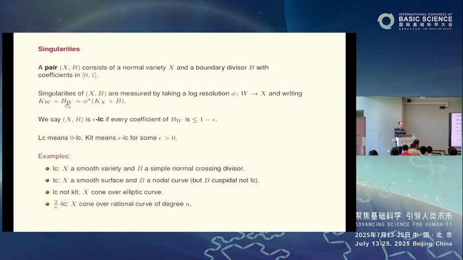The larger the coefficients, the worse or the deeper the singularities. But for our talk, one type of singularities, maybe most relevant, these are called epsilon log canonical. It just means that the coefficients of B_W are not bigger than 1 minus epsilon, where epsilon is some number.